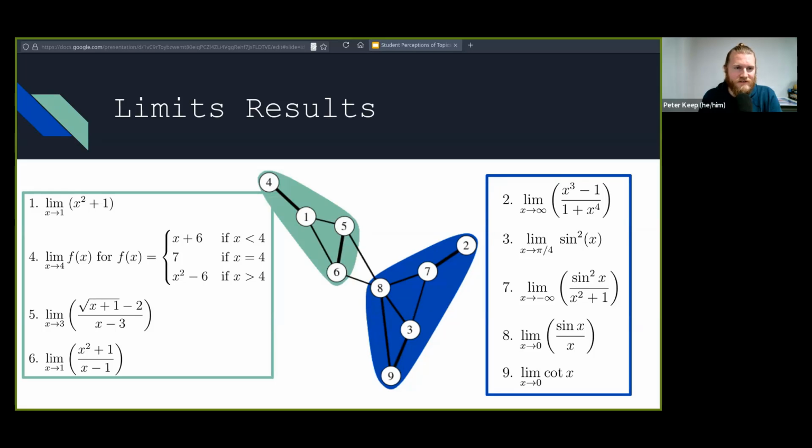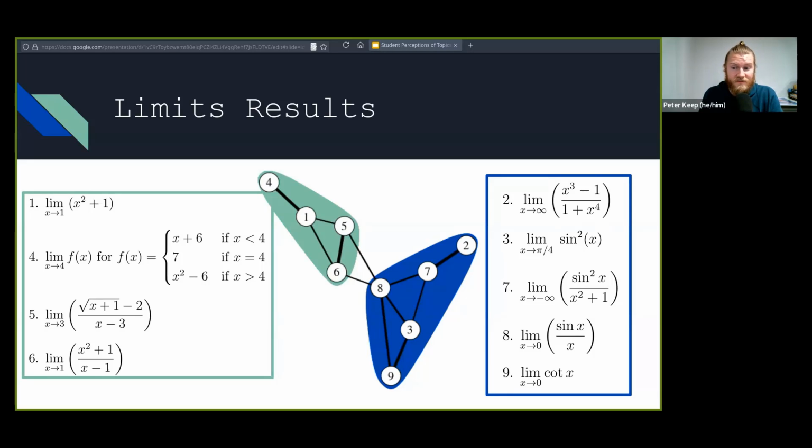One of the things that I thought was interesting was that 5 and 6 have a strong connection, and they're both connected to 8 as well. Probably because there's division by 0 happening, and so there's some kind of analysis that we have to do there. There were likely some students grouping things together with the mindset of where are we dividing by 0, which flirts with this non-existence idea, but it's not quite all the way there.